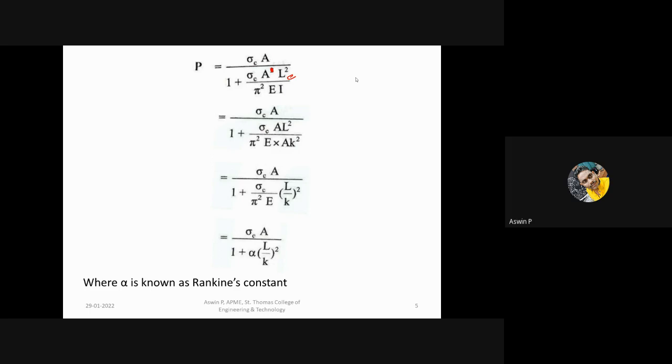In almost all questions, if you are asked to solve this problem, they will directly give Rankine's constant. So directly you have to substitute the value here and solve the equation. So your final equation will be P is equal to, you need to write here P, and make it in a box.